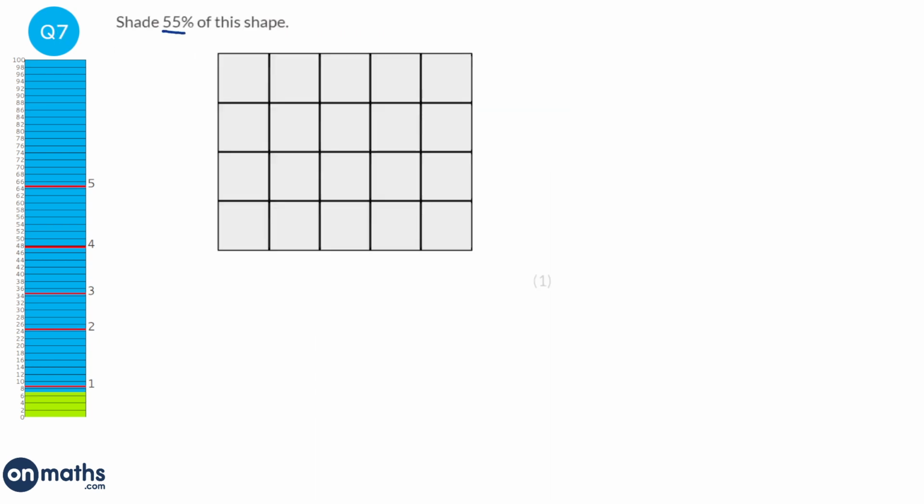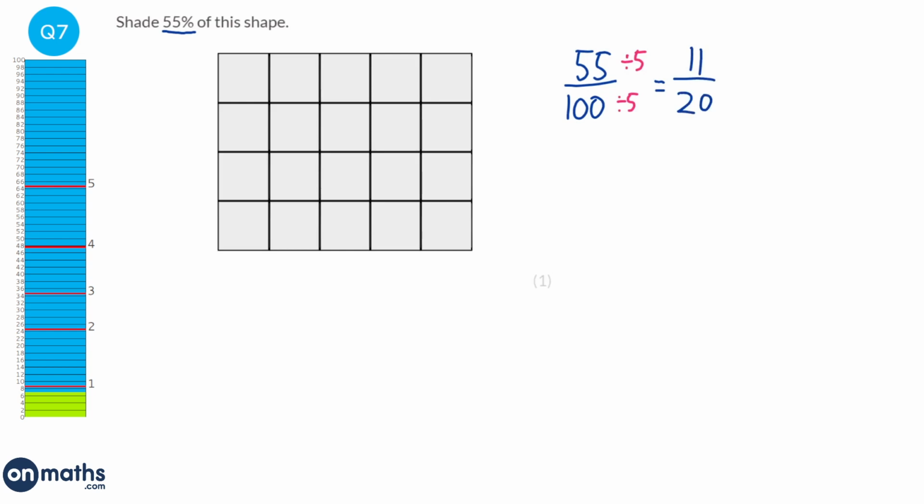So 55% is the same as 55 over 100, and what I can do is divide the top and bottom of the fraction by 5, and so that is going to equal 11 over 20.